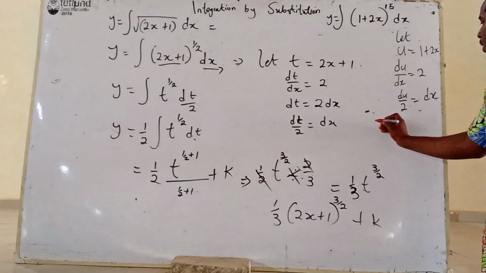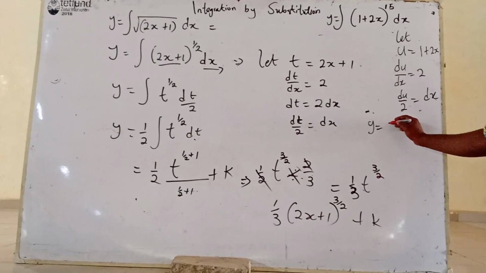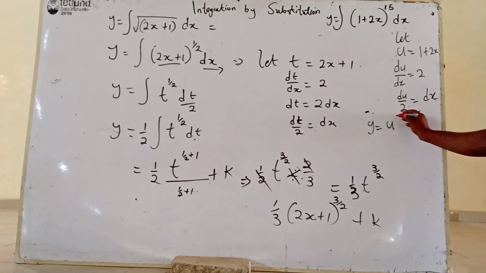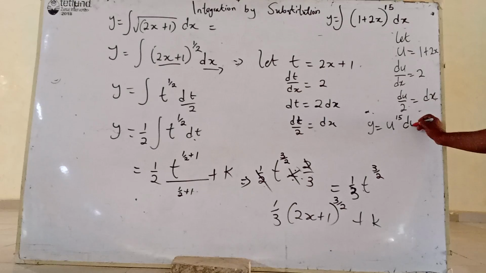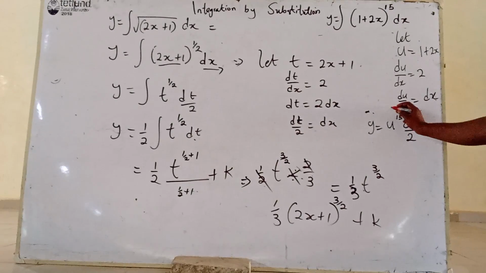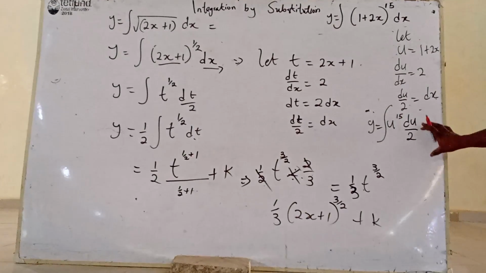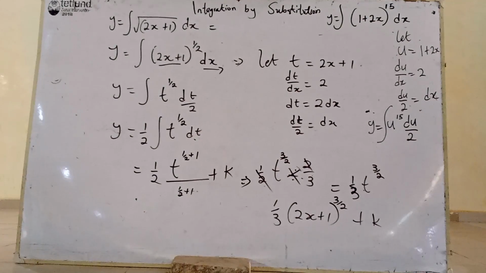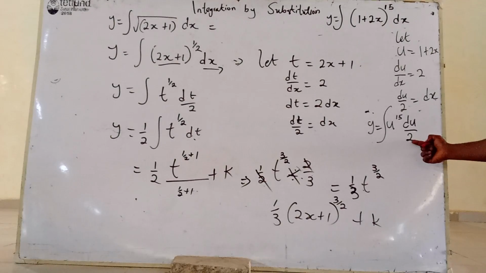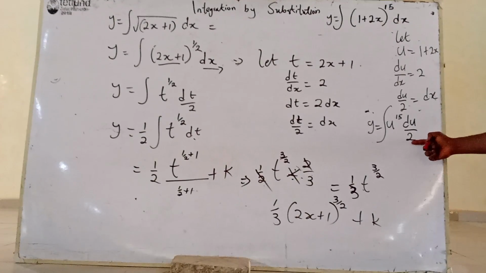This function here, y is equal to u raised to power 15. Instead of dx, I have du upon 2. Can't you see that this integral is now with respect to u? All I need to do is very simple. I will just push out 1 over 2, since it is a constant.